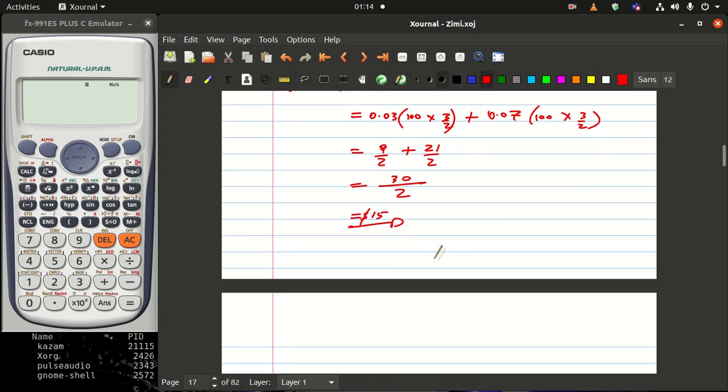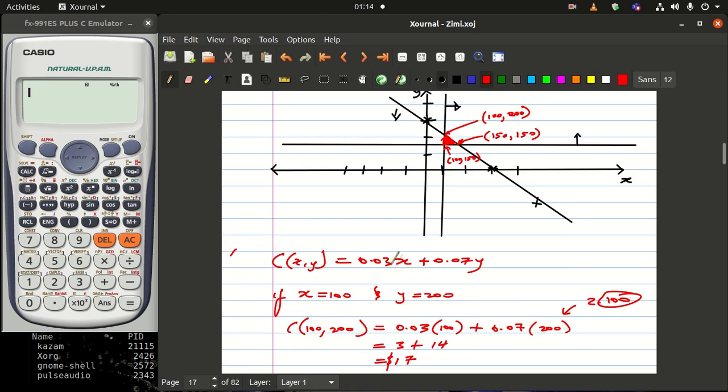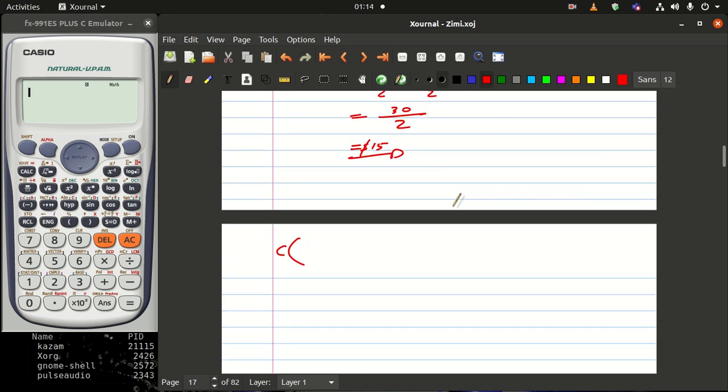And then the next thing here, we want to see C of 100 and 150. So we have x is equal to 100 and y is 150. Of course, we have 0.03 times 100, which is just a 3, plus 0.07 times 150, which is just 100 times 3 over 2.